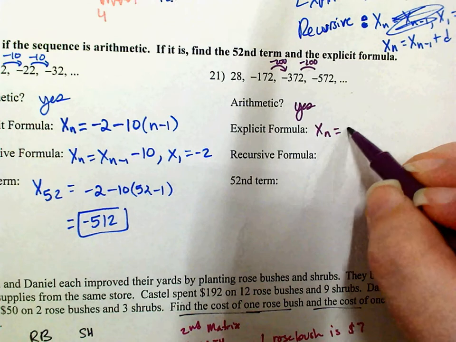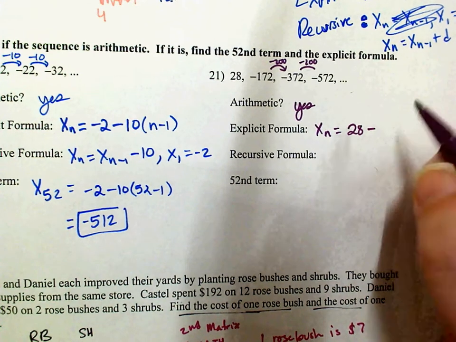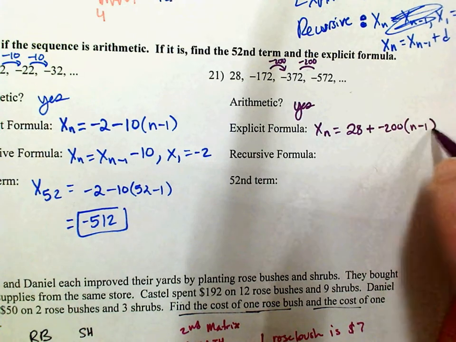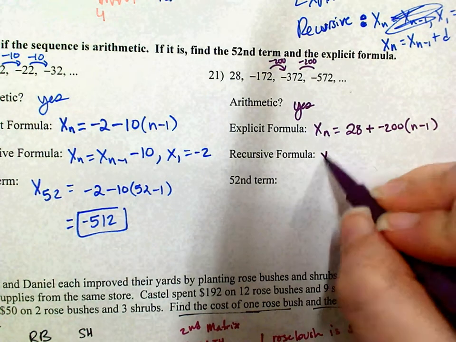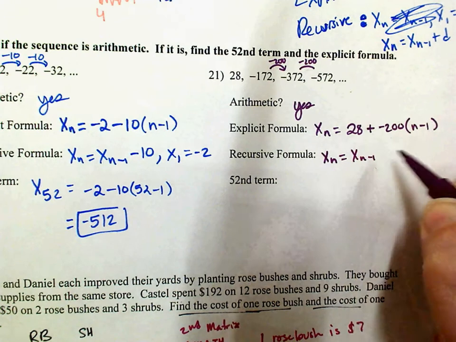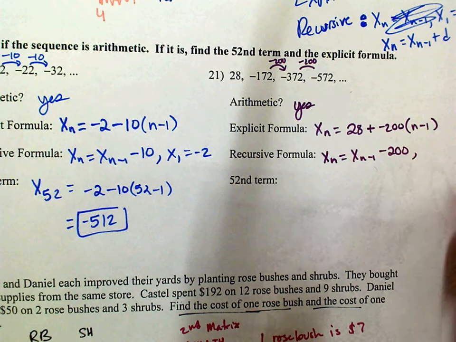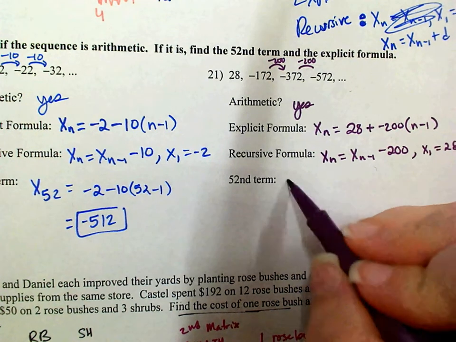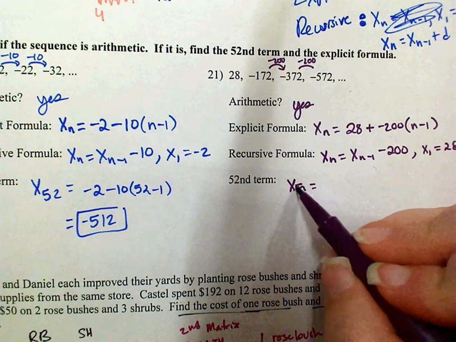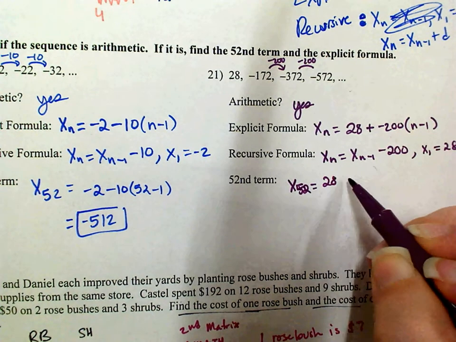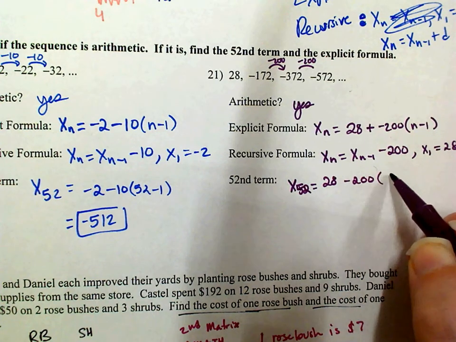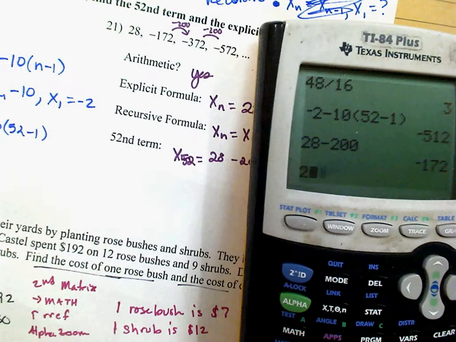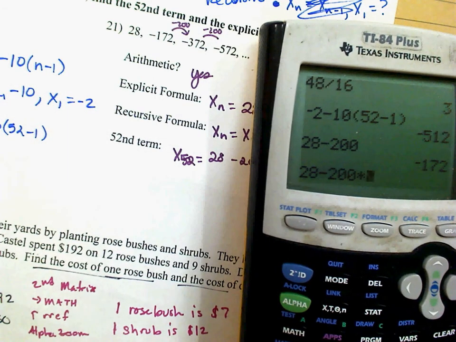The recursive formula is x sub n equals x sub n minus 1 minus 200, comma, the first term is 28, and the 52nd term equals 28 minus 200 times 52 minus 1, or 51, which means 28 minus 200 times 51, and it gives me 10,172 negative. And there you go.